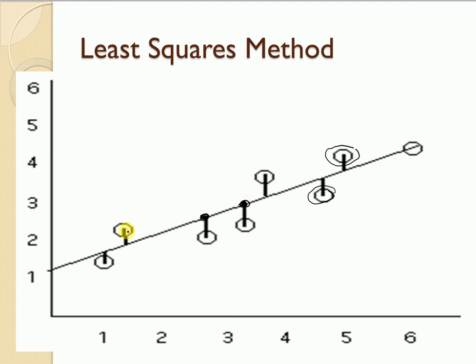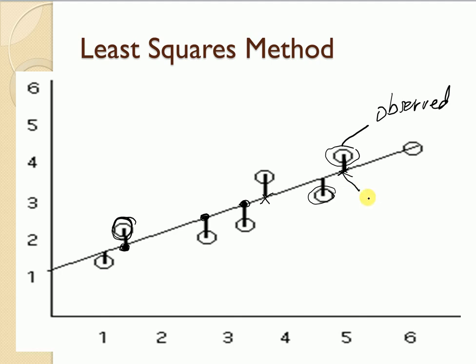So this is the value that we actually observed, while this point is what the least squares model predicts the point to be. In this case, our observed value is larger than what the line predicts. For each one of these observed values, we draw a vertical line to the regression line at the particular predicted value.